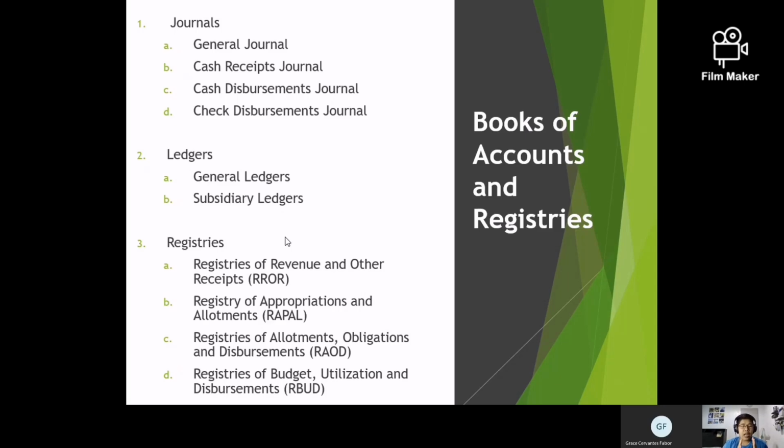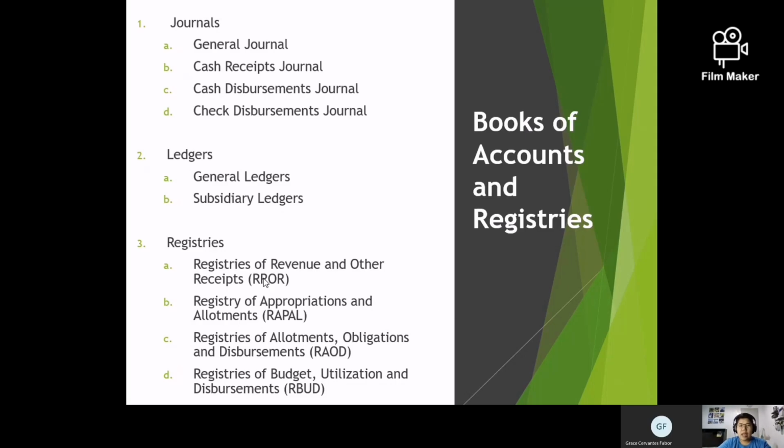So, we have 7 separate accounting records, and budget registries are maintained for each cluster. All of them have their own journal, ledger, and registries.